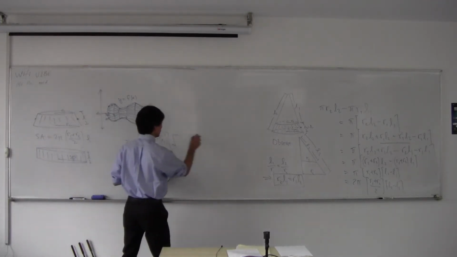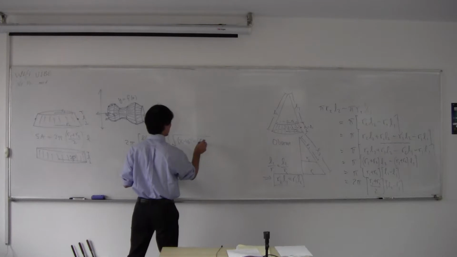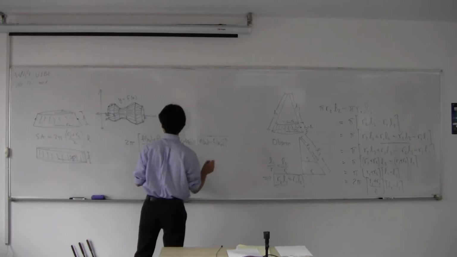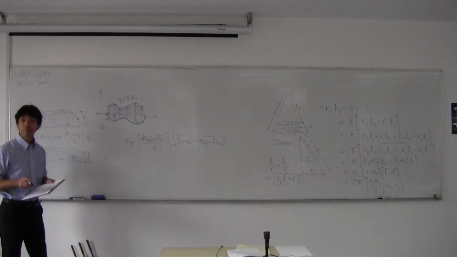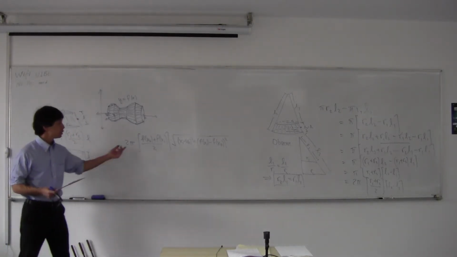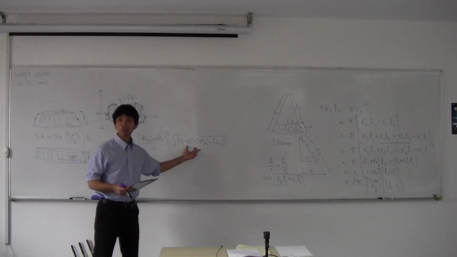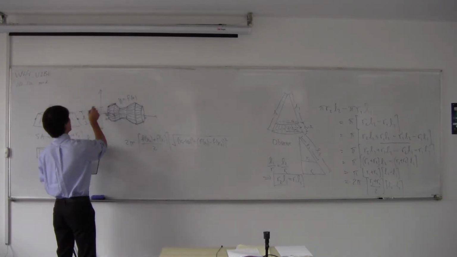That length is going to be the square root of x1 minus x0 squared plus f of x1 minus f of x0 squared. 2 pi average radius times the length. This is f of x0, this is f of x1.